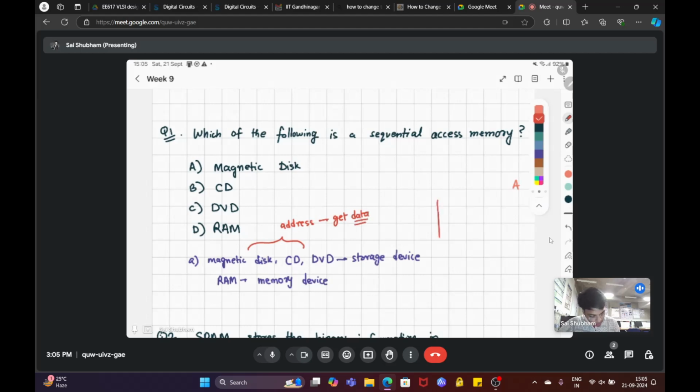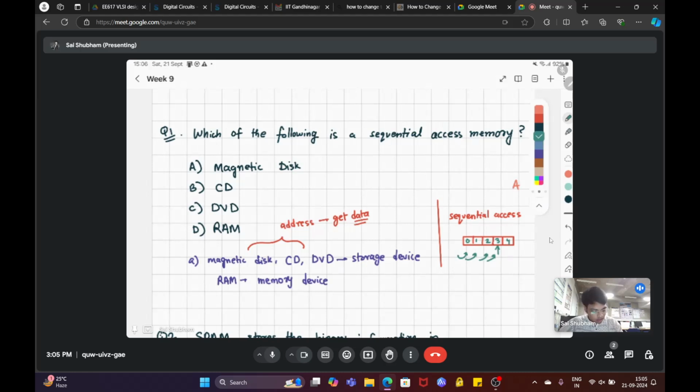So what is the meaning of sequential access memory? Suppose I have an array like this. In order to access data at location 3, I will have to go through 0, 1, 2, and 3.